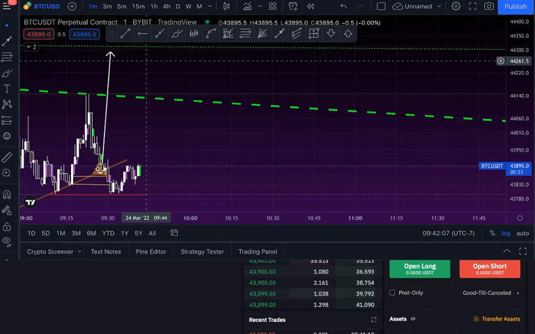Down 1% here. There is some shorting into that recent swing low.